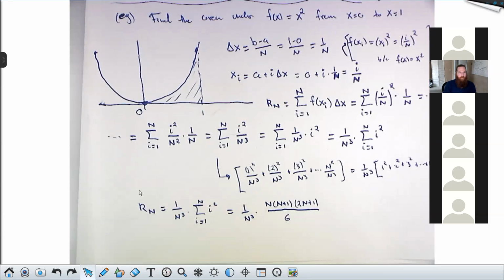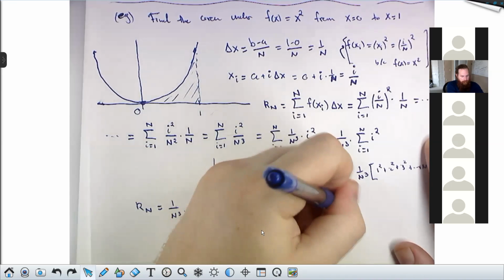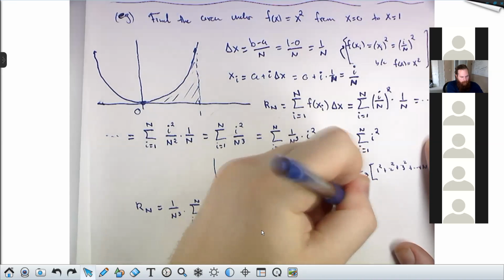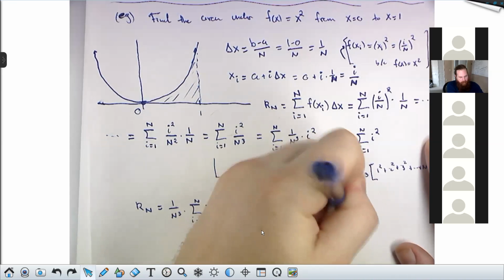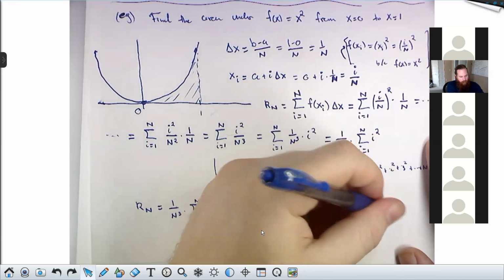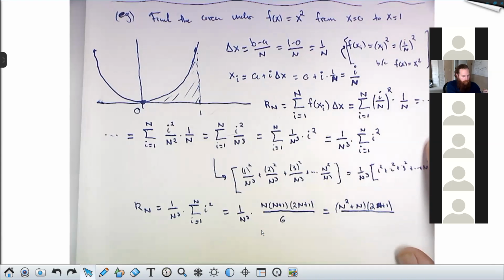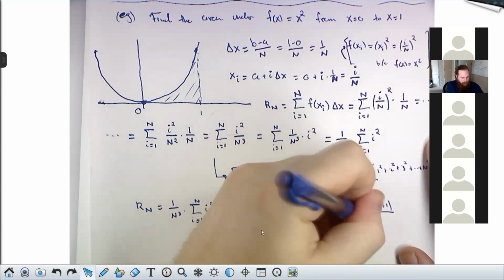So now what I want to do is send n to infinity in this expression. So I want to simplify this as much as I can and then take the limit as n goes to infinity. So I'll multiply everything out. That's n squared plus n times 2n plus 1, all over 6n cubed.